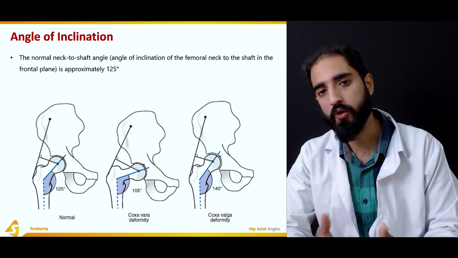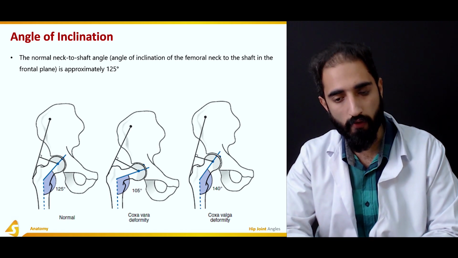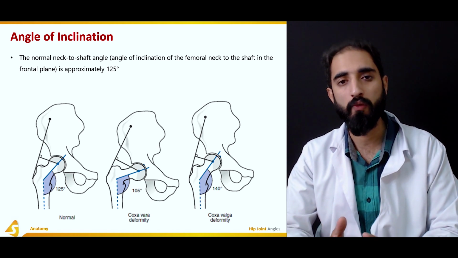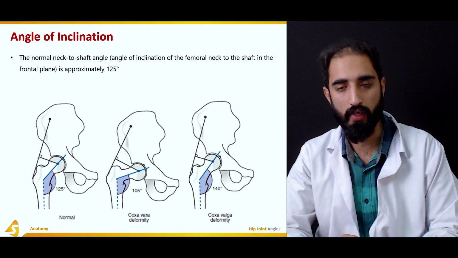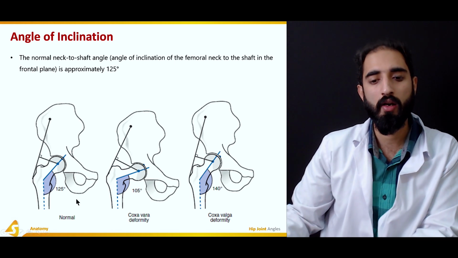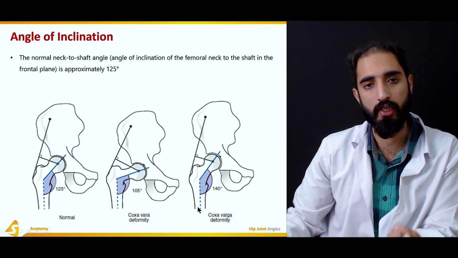Moreover, if it is increased beyond 125 degrees, it can lead to coxa valga deformity, which will lead to genu varum. Now, genu valgum is also known as knock knee deformity, and genu varum is also known as bow leg deformity.